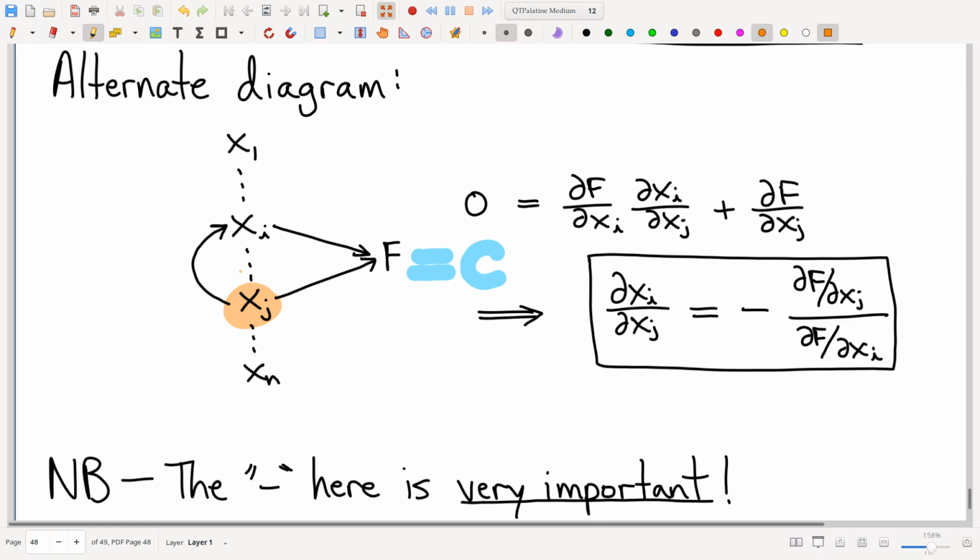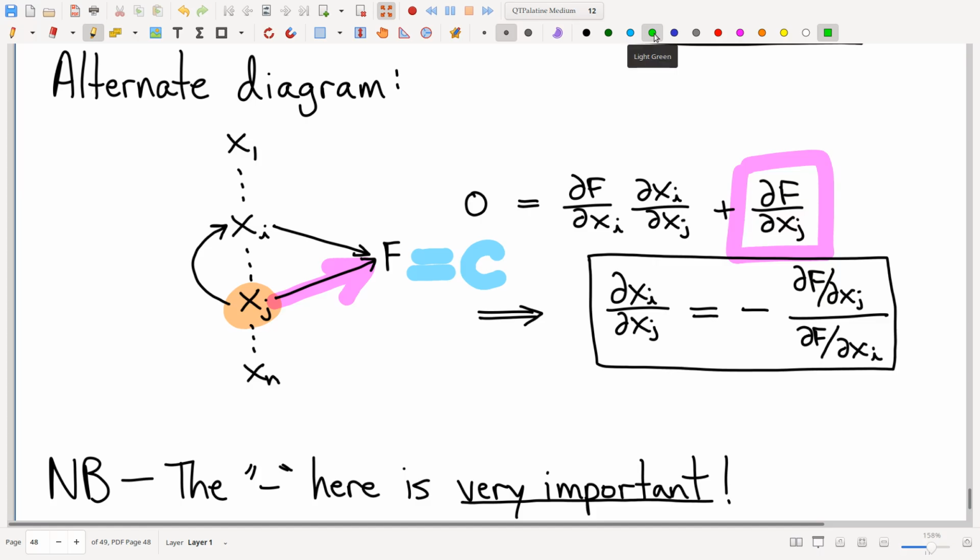When you change xj, well, on the one hand, let's see here, colors. I'll use purple. Xj will contribute directly to how capital F changes. After all, it's one of the input variables for capital F. You change xj, that's going to contribute to a change in F. But here's another thing.